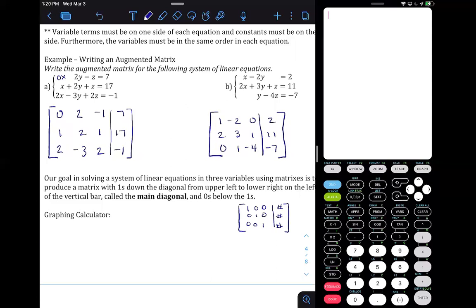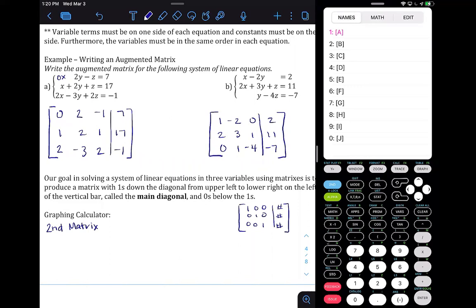So in our graphing calculator, you're going to hit second matrix, which is the fourth one down on the left. Mine's going to look slightly different than yours just because it's coming from an app.